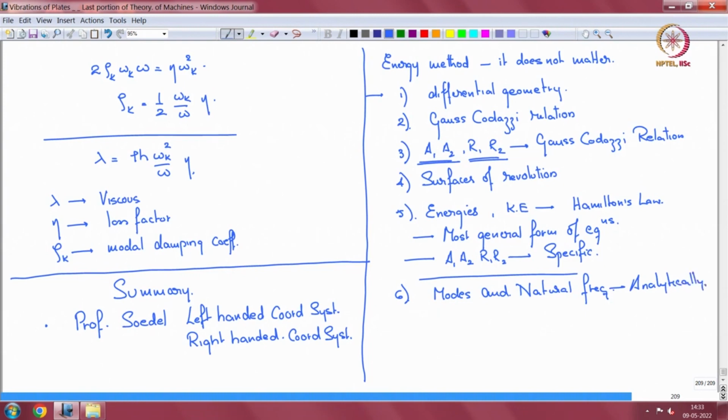For several cases it is difficult to find analytical forms, so we did approximations. There we used the Rayleigh-Ritz approximation. So we have modes and natural frequencies at this stage.